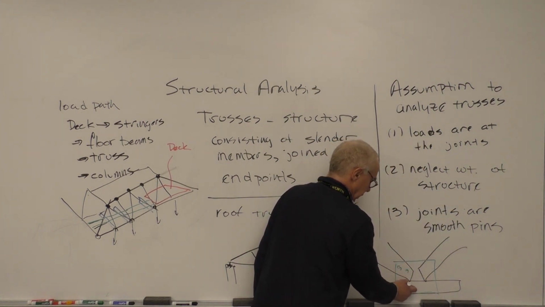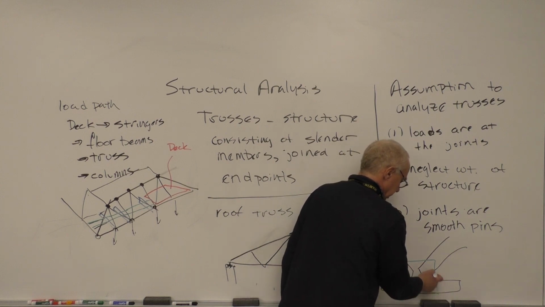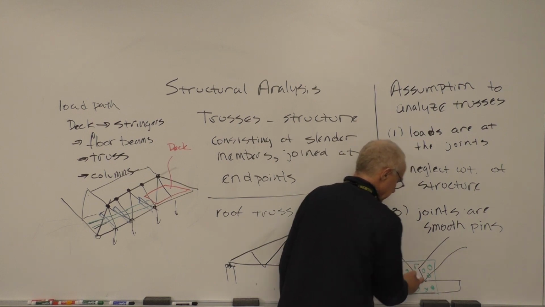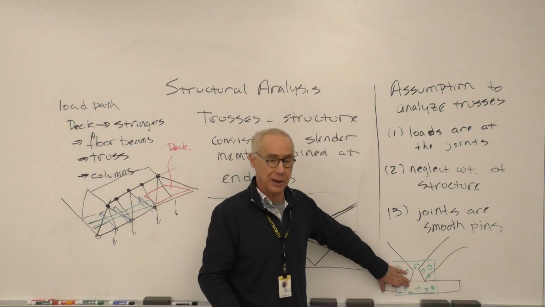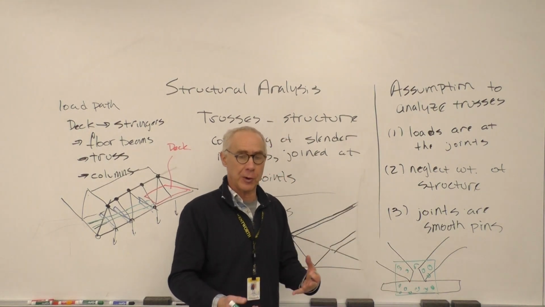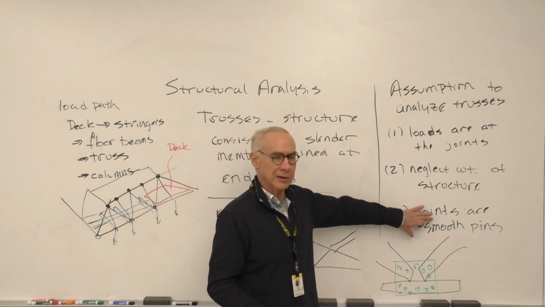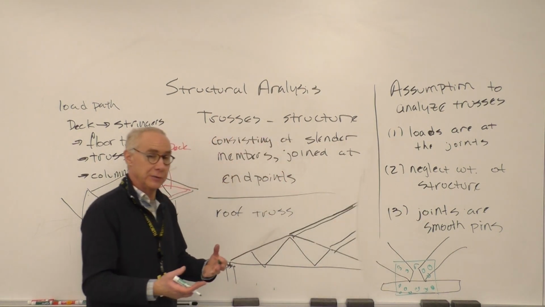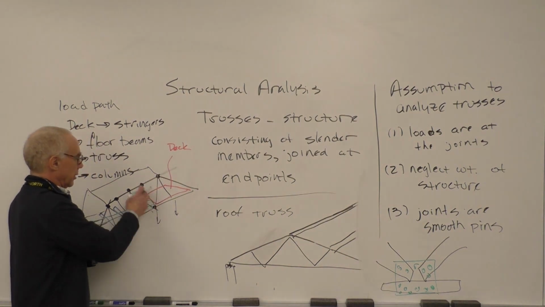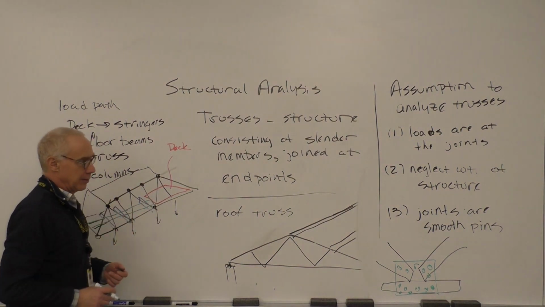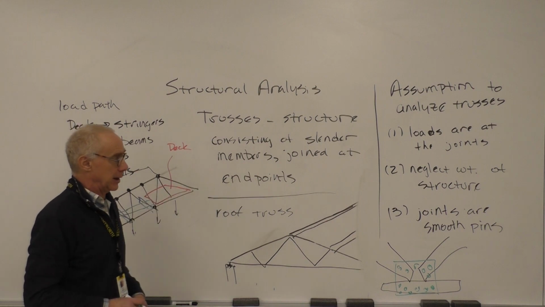You'll see there'll be a lot of screws. So essentially, it's not a smooth pin, obviously. We typically use gusset plates. But as a first order approximation, this isn't too bad, because if they are in fact two force members, you wouldn't expect that there would be moments occurring at the joints themselves. So those are the assumptions we're going to make.